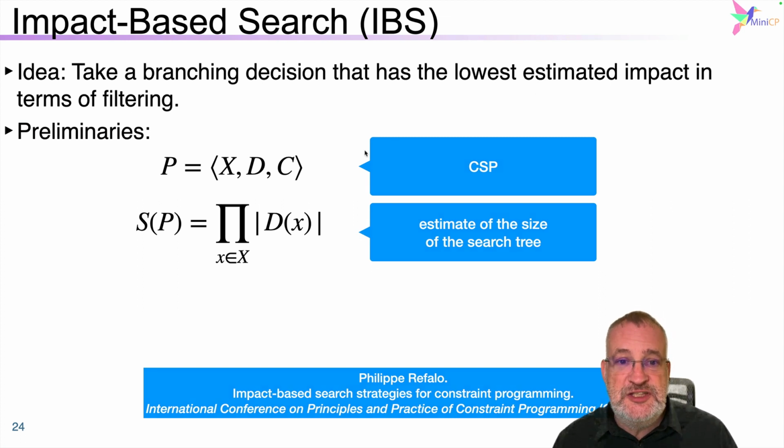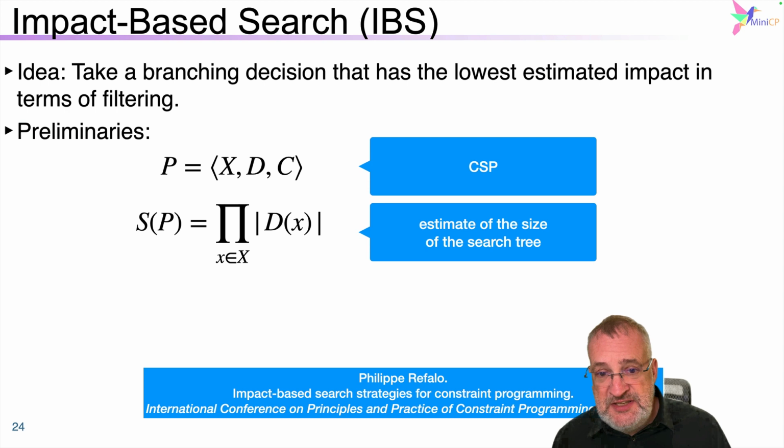So if you have a CSP like here, that is a triplet, variable domain constraints, you could estimate the size of the search tree by the cross product of the size of the domain. So take the domain of every variable, its size, multiply them together. That's an estimate of how big the search space is going to be, right?